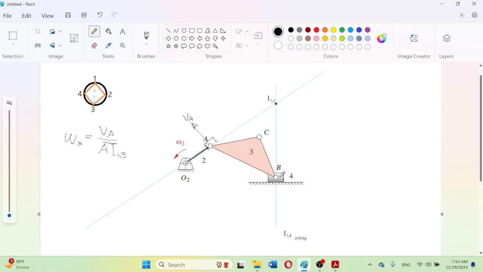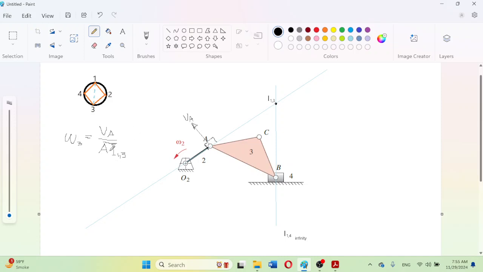So we will be assuming that the common point B, or the pin, is located on this coupler link, and this pin is in pure rotation about this instant center. So at this instant we can also determine the angular velocity of this link, and its magnitude has been calculated.